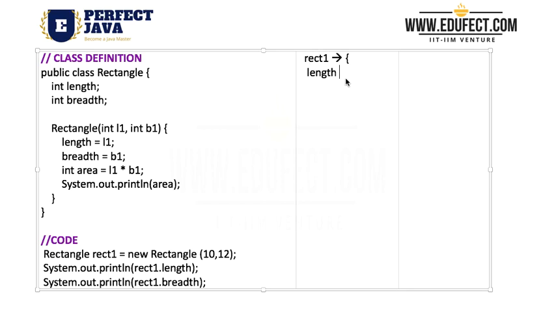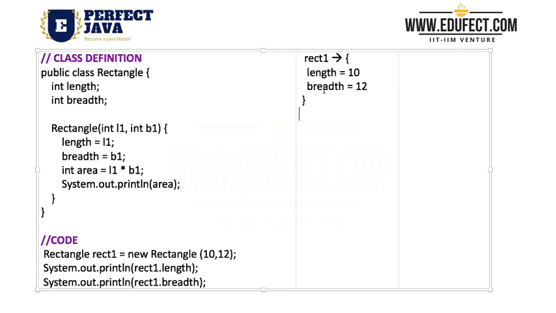Length is equal to L1, and L1 was 10, so length will get the value 10. And breadth we are saying is B1. B1 was the second parameter, which was 12, so breadth will be 12.